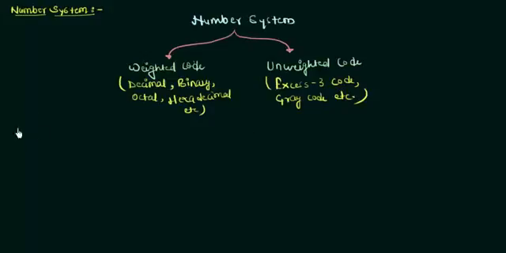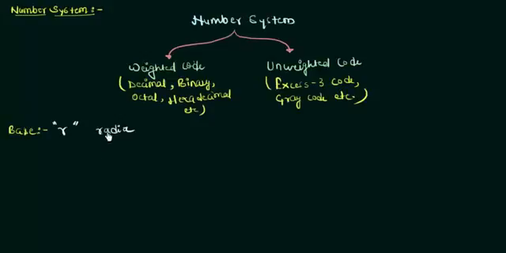Okay, so now first let me define what is your base. Generally if I say base, then we mean R. Your base is represented by R. This is because we also call base as radix.